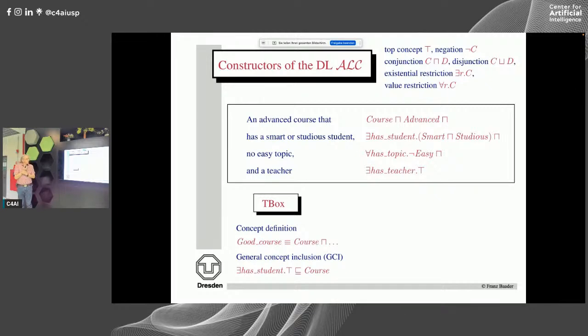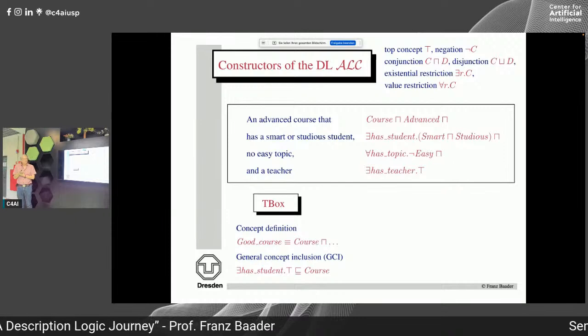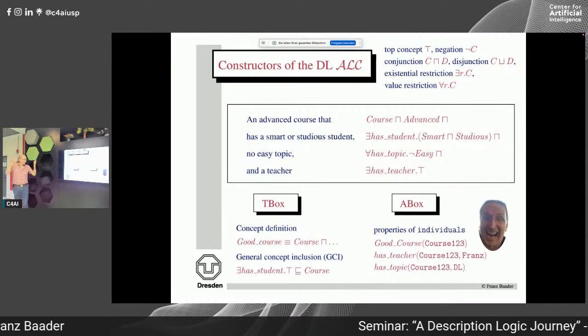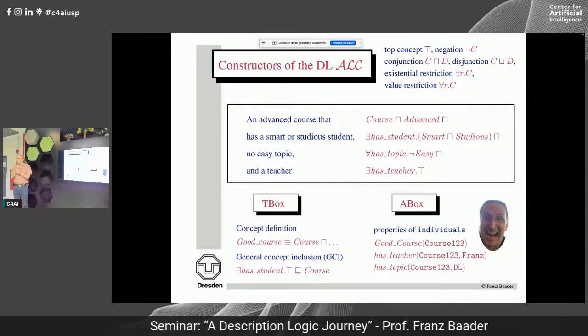Which would mean that in our example concept, we could actually leave out the course, because this follows from the fact that it has a student. Now in the ABox, I can of course say that a certain course is a good course, I'm its teacher, and the topic is description.